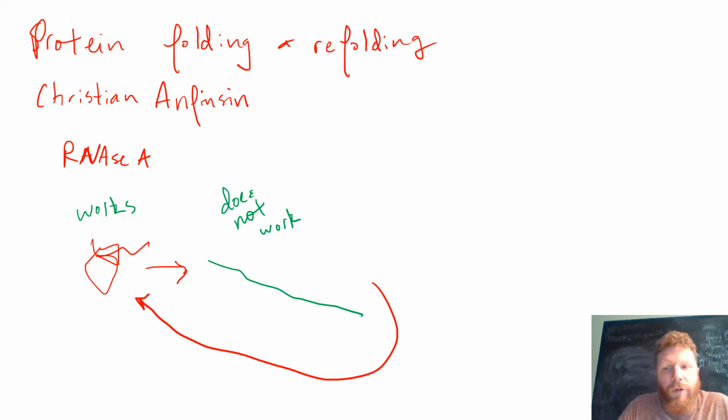So he unfolded a protein, and he did that by treatment with dithiothreitol, so DTT, so he broke up any disulfide bonds. Then he heated it up, put it in, I can't remember, it was an extreme condition, so either acidic or basic, and then he titrated or removed all of those things. He titrated all of those things away, and he was able to get this protein to refold and be functional again. So that was great work because it showed a correlation between structure and function, but also you can break the protein and you can repair it, more or less.